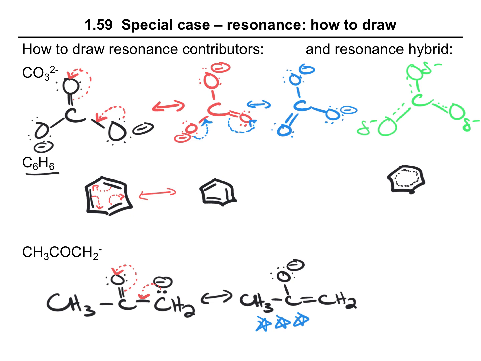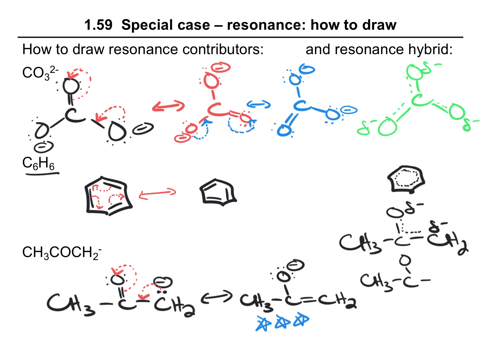So rather than drawing our resonance hybrid like this with equal double bond character and partial minus, partial minus, that's okay, but it would be more meaningful if we tried to draw it more as the weighted average, where this one is the major contributor.